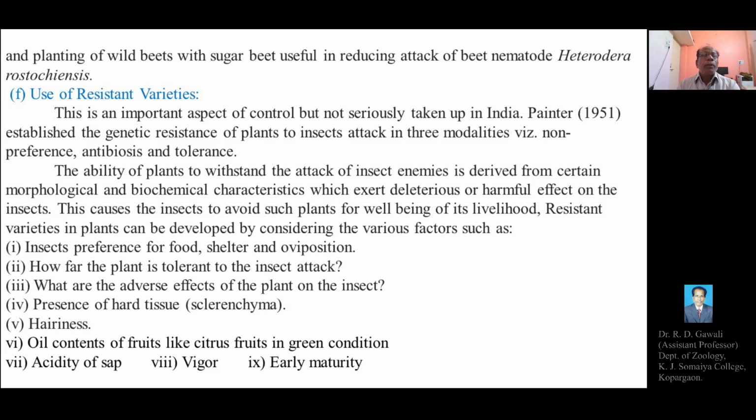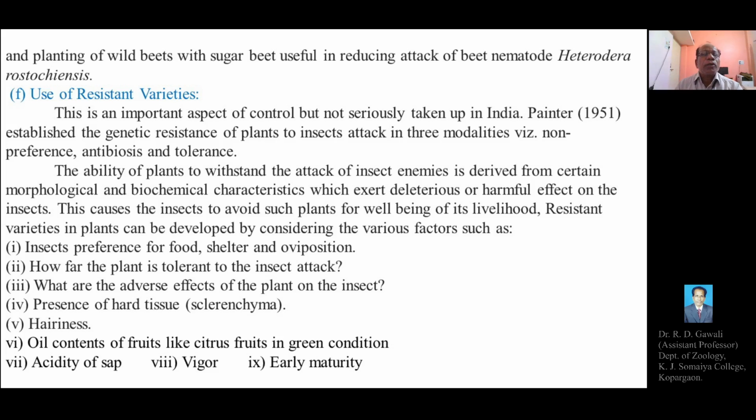Another example is planting of wild beets with sugar beet, useful in reducing attack of beet nematode. So this is the third example of a trap crop, like bhendi or arhar: planting the wild beets. Wild beets can be planted along with sugar beet, so the pest from the sugar beet can be diverted to the wild beets, and thus this can help in controlling beet nematodes like Heterodera rostochinensis.